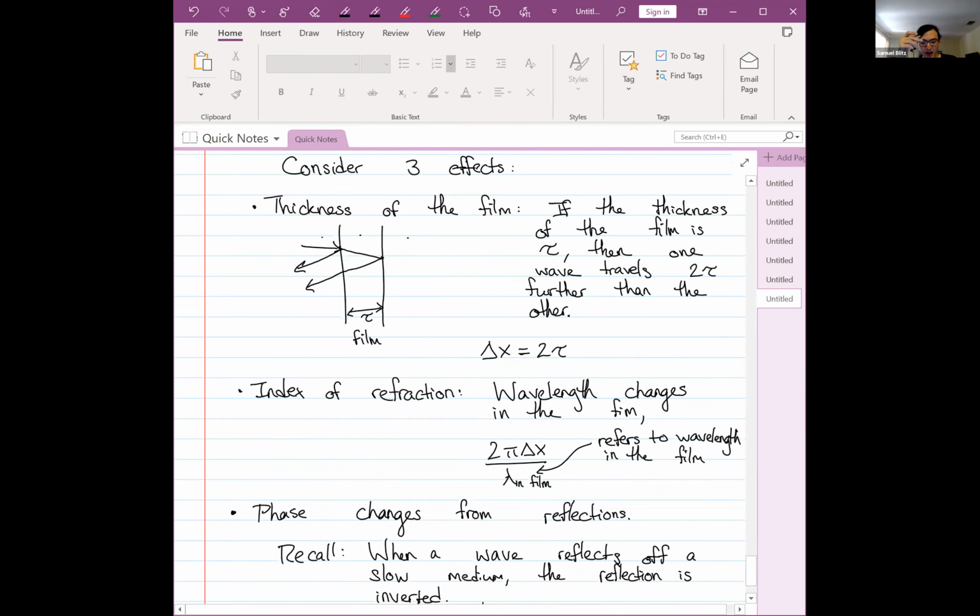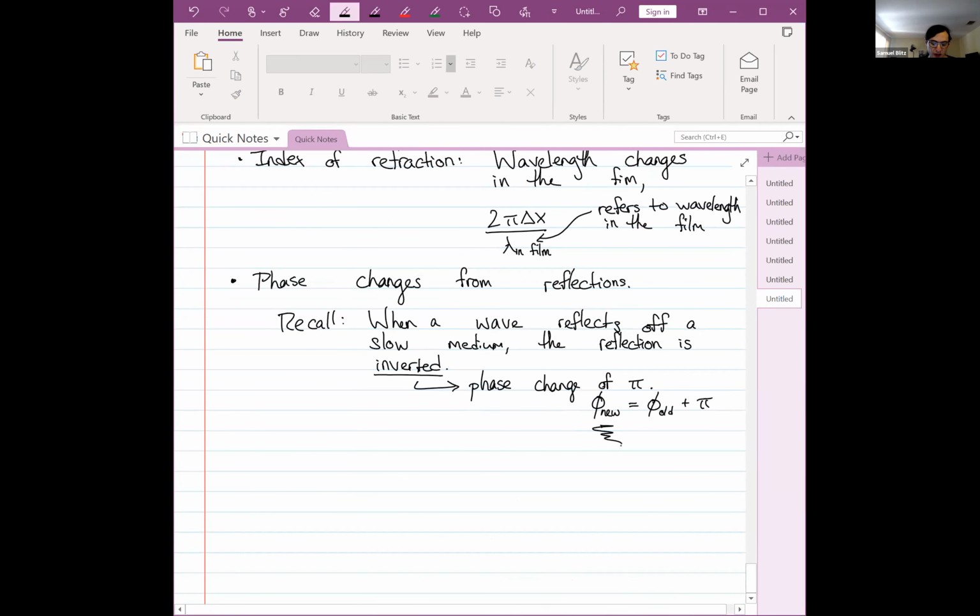And so you'll have to find the phase constant of both of them, and then you'll have to subtract those. Now, the end result is that you get a phase constant difference of either pi, if exactly one of them reflects off of an interface that goes from fast to slow, or a phase constant difference of 0, where either they both reflect off of an interface that goes from fast to slow, or they both reflect off of an interface that goes from slow to fast.